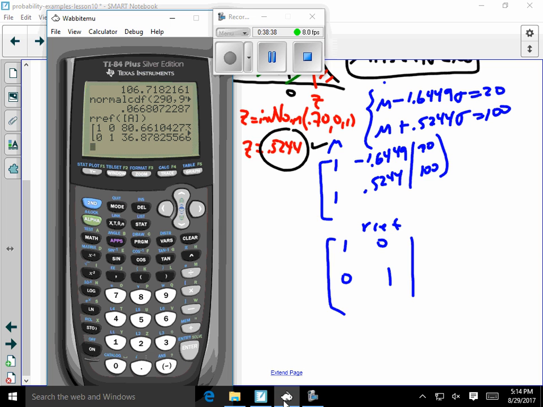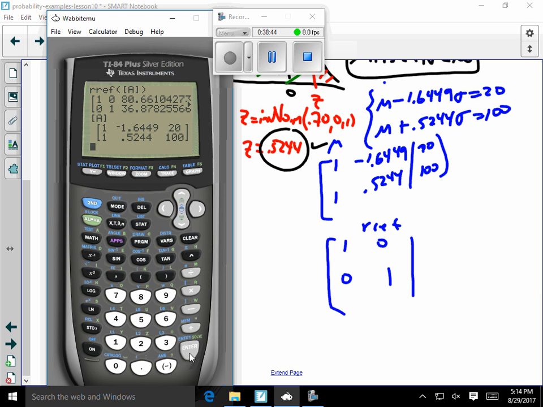I got a different number when I ran this before. Let me make sure I had the original matrix correct before we go any further. So the original matrix was supposed to be 1, negative 1.6449, and 1, positive 0.5244, 20 and 100. Right, okay, so I can trust these results.